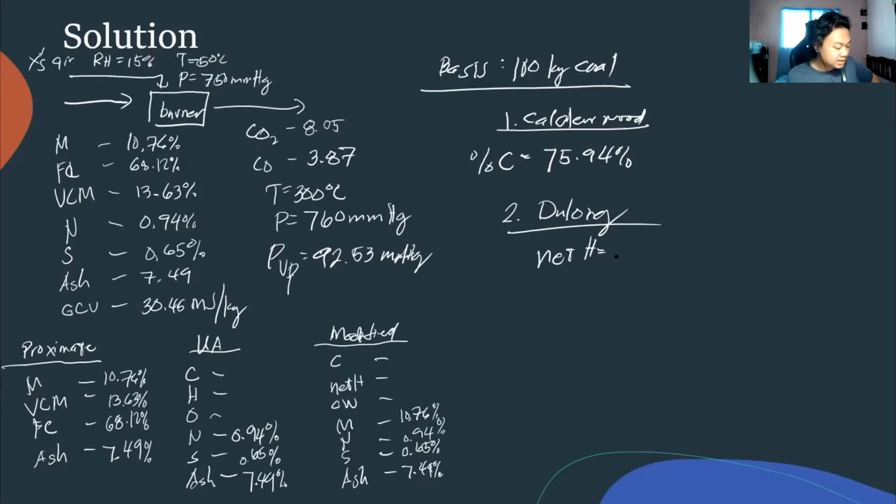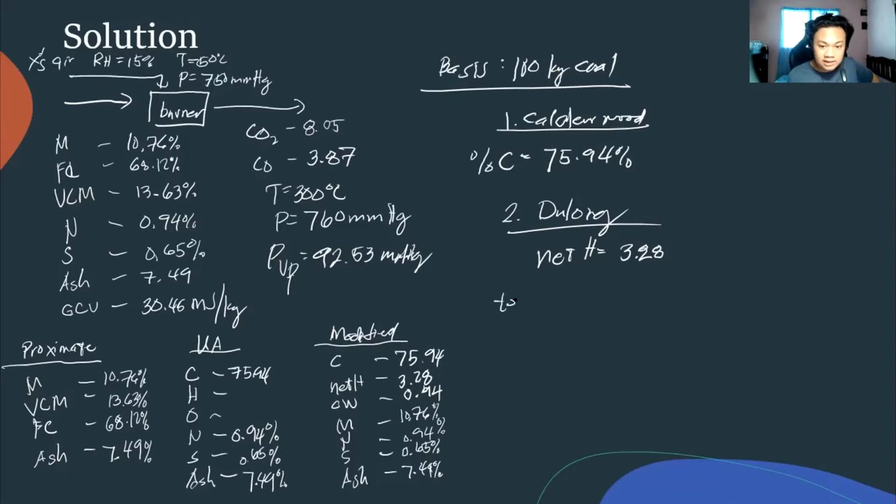So always, net H is what you get, guys. It is 3.28. Write that here. Then the carbon is 75.94. Get the balance for the combined water, which is 0.94, by subtracting everything from 100.